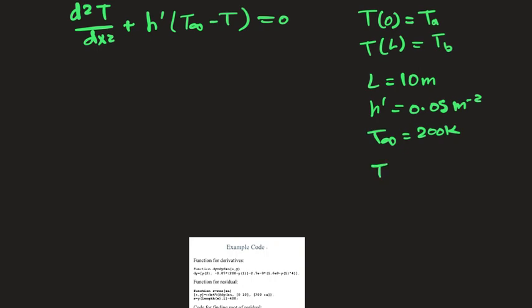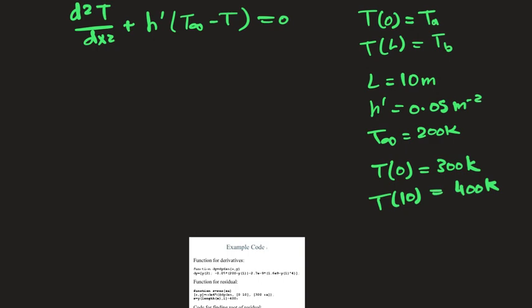T at 0 is equal to 300 Kelvin, and last but not least, the boundary value at length 10 is equal to 400 degrees Kelvin.